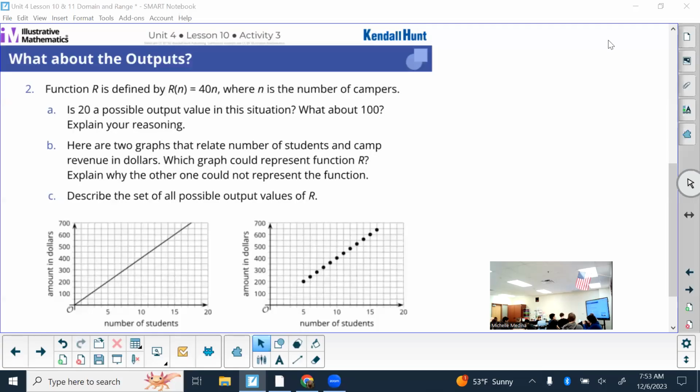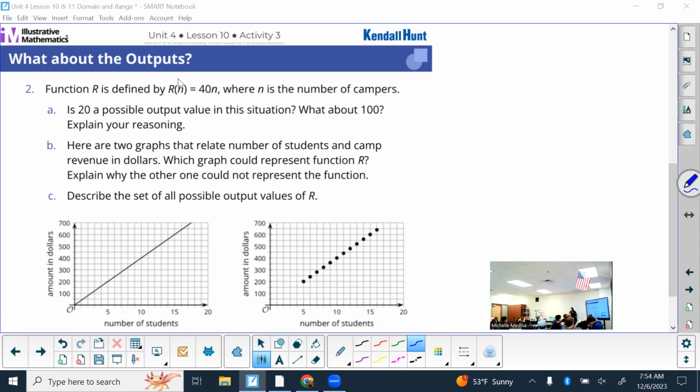Now for the other situation about the number of campers, we talked about for the inputs, you can't have a fraction of a person, can you? For the money, you could have fractions of dollars, but if they're charging a specific amount per person, then you could really only have like certain numbers for your range.